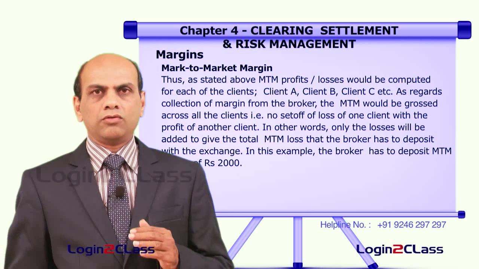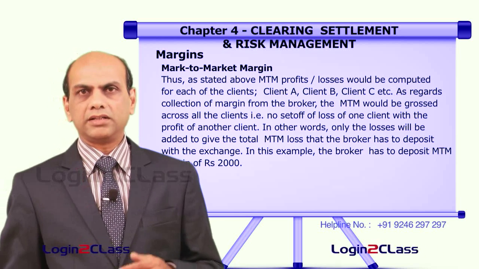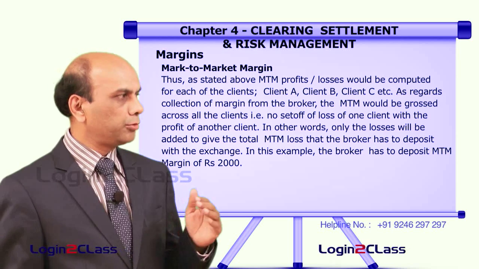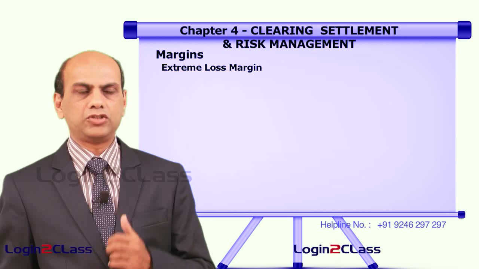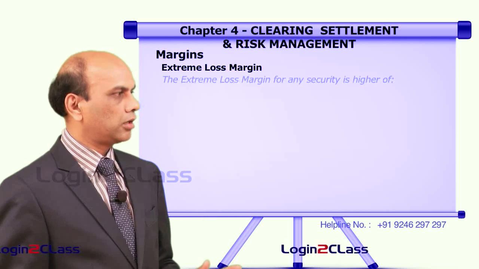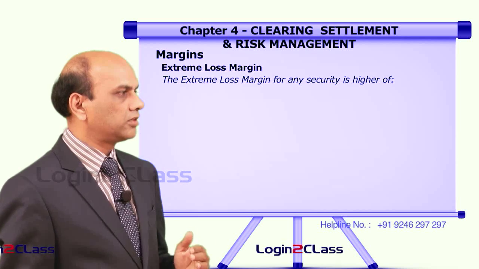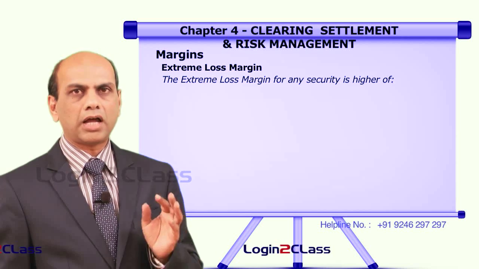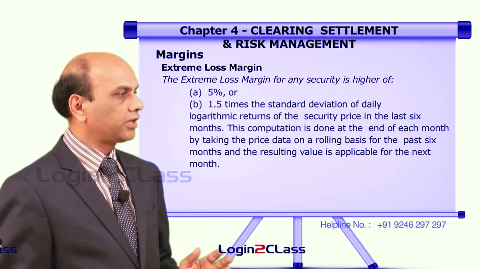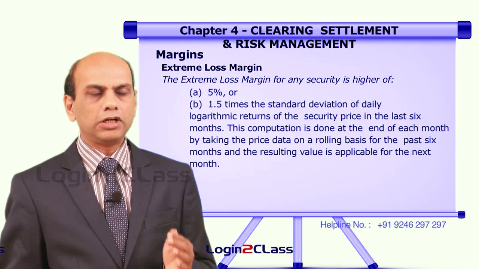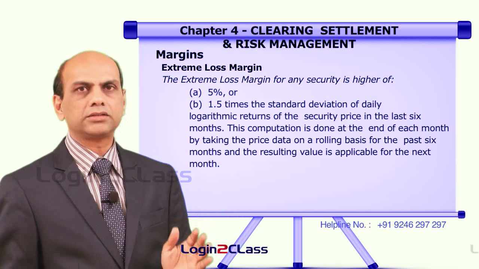Now, we have discussed the second aspect of margins, that is mark to market. Now we are coming to the third aspect of margins, that is extreme loss margin. The extreme loss margin for any security is the higher of 5% or 1.5 times the standard deviation of daily logarithmic returns of the security price in the last 6 months.